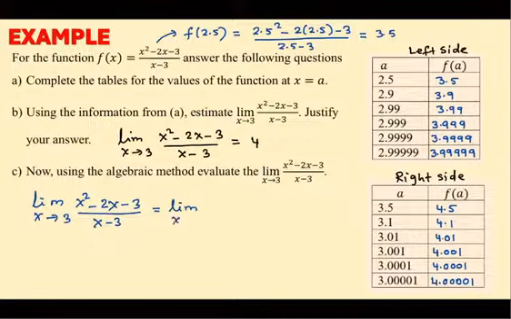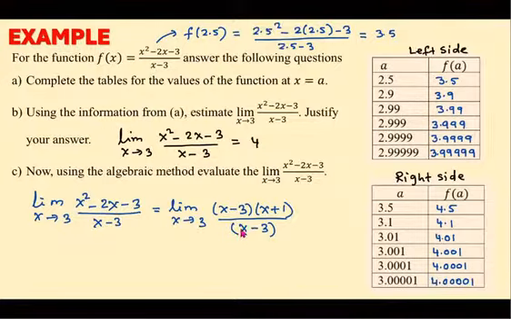So, the limit as x approaches 3. If you factor the numerator, x squared minus 2x minus 3, the factors are (x minus 3) times (x plus 1), over, in the denominator, x minus 3. Now here, x approaches 3, getting closer and closer to 3, but x is not exactly 3.